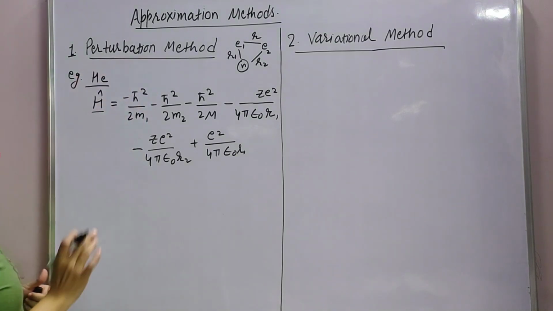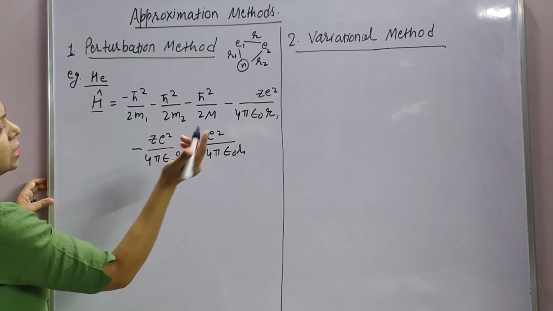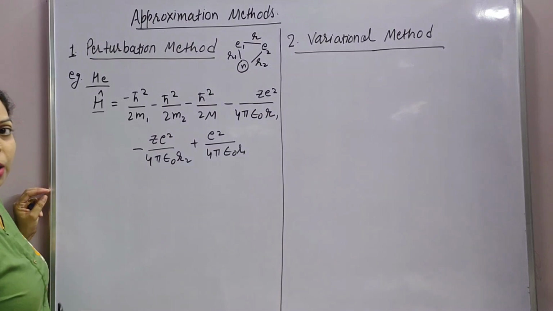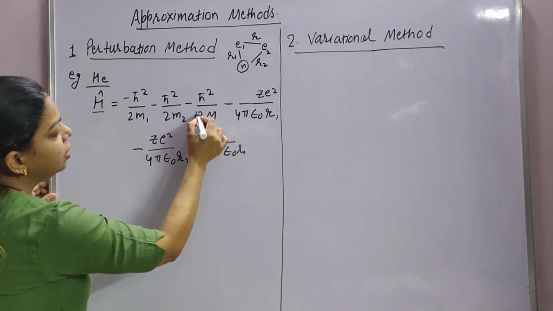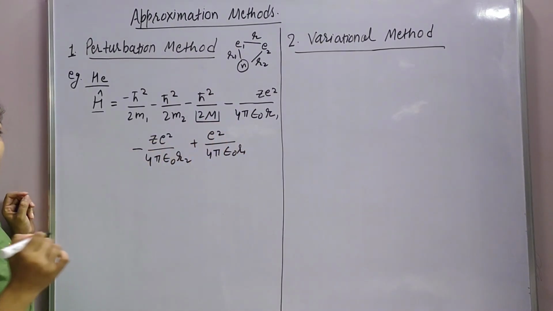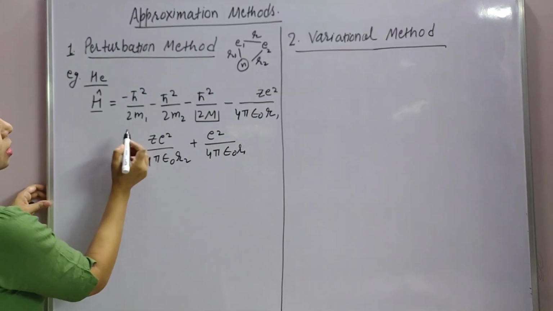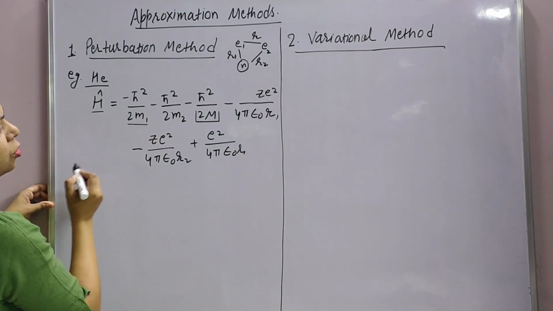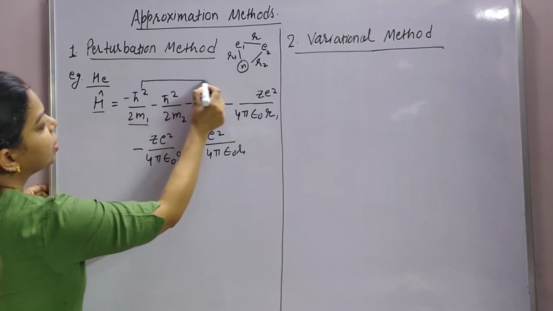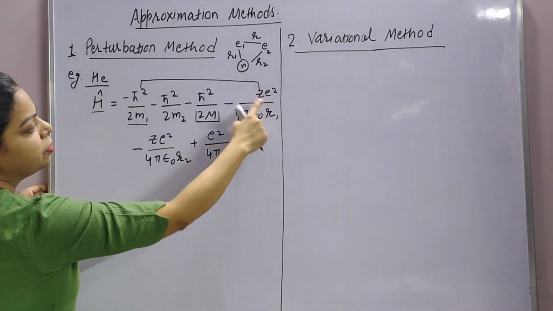Now what does perturbation method say? I can apply Born-Oppenheimer approximation and neglect this term, mass of the nucleus, and see this is kinetic energy of first electron and the potential energy of nucleus and first electron.